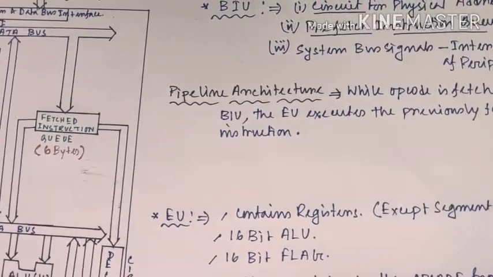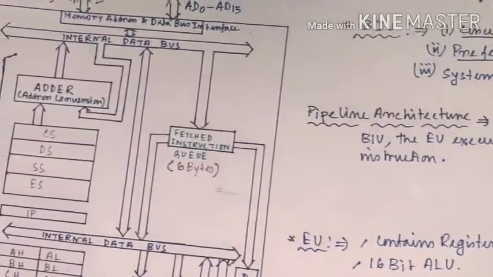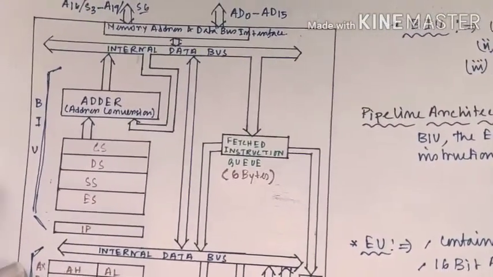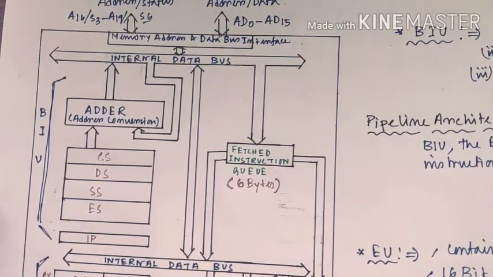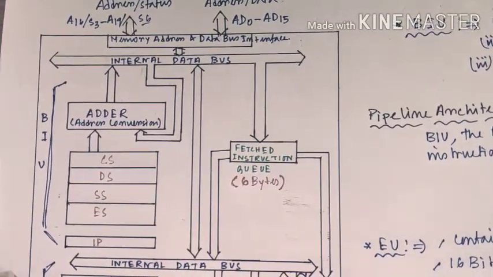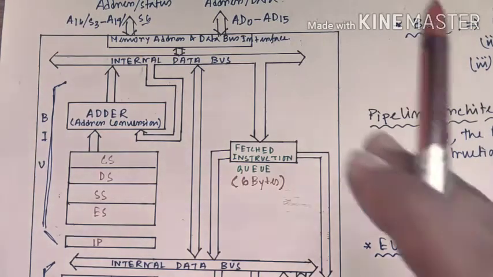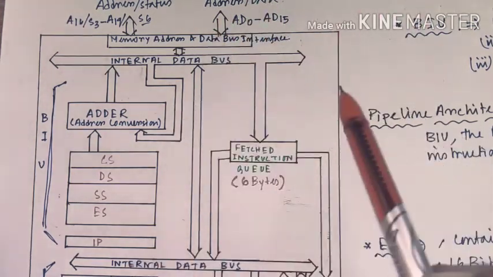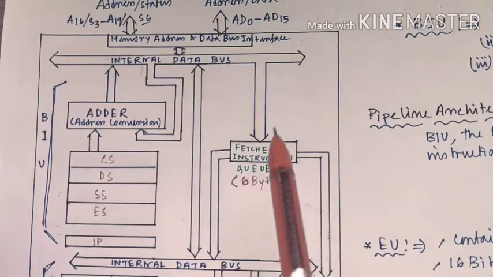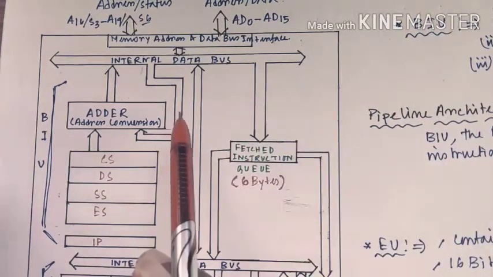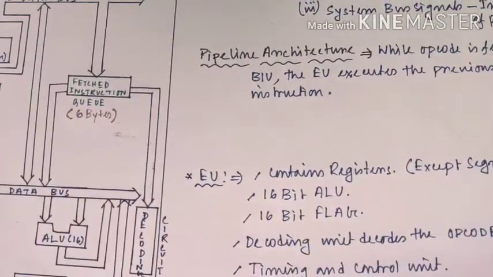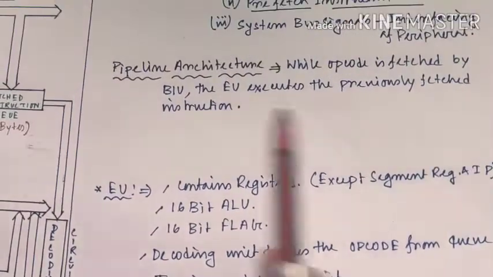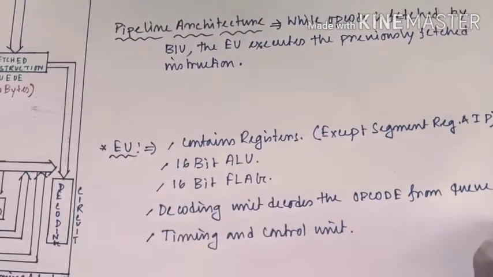And as the name suggests, bus interface unit, this particular unit contains all the buses by which this processor communicates with the peripherals. That means address bus, data bus, everything will be there, including the control bus also. So all the buses and signals will be here so that the processor can communicate with the outer world, with its peripherals. Now, what is pipeline architecture? I will explain that one.